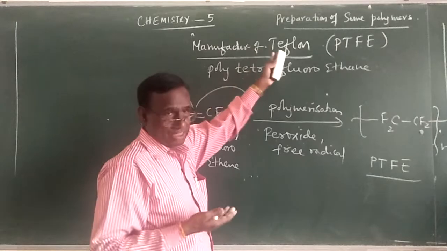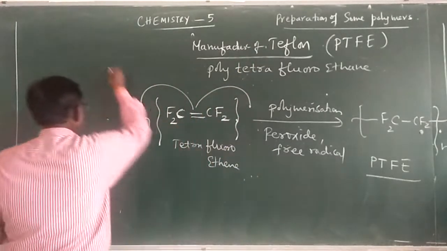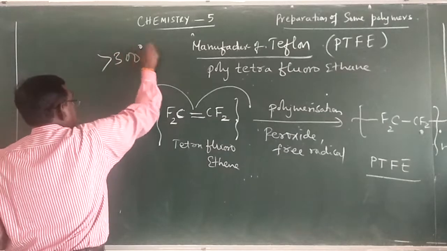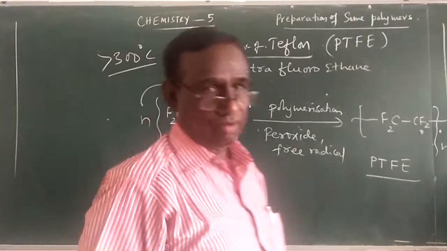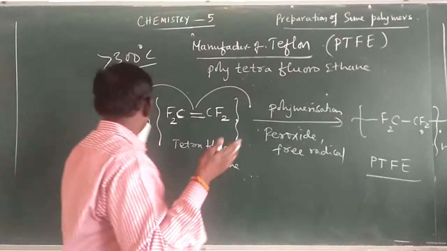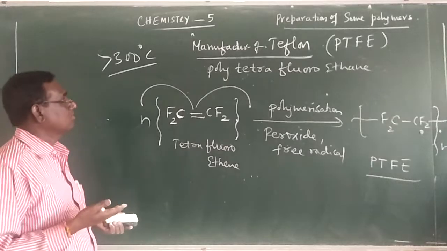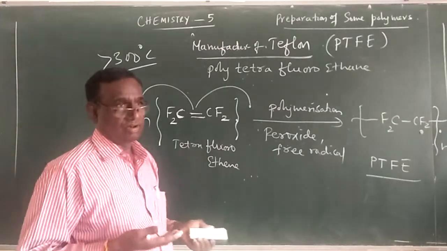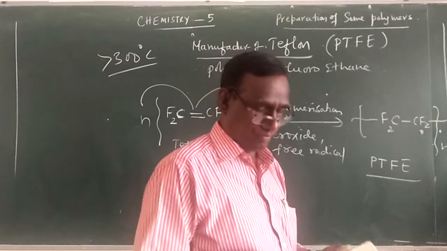This Teflon coating on utensils will decompose above about 300 degrees. When cooking utensils coated with Teflon are heated above 300 degrees Celsius, the coating will be decomposed. That is how Teflon is very useful for coating cooking utensils.